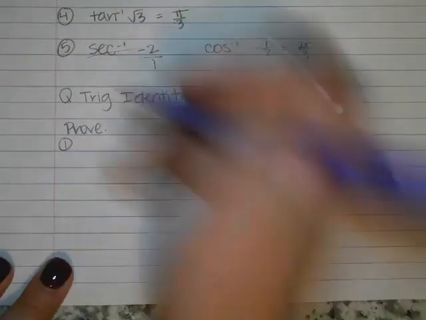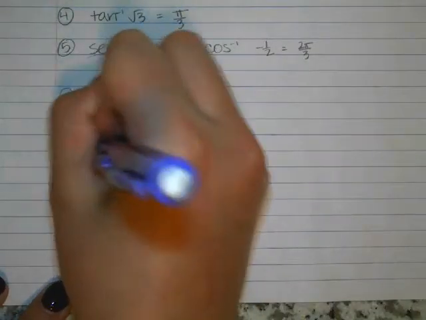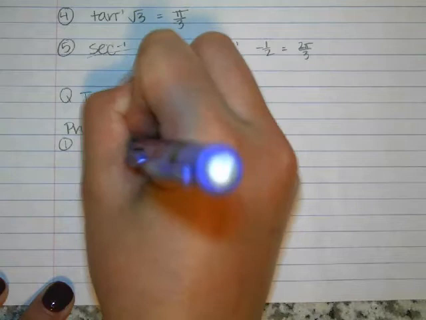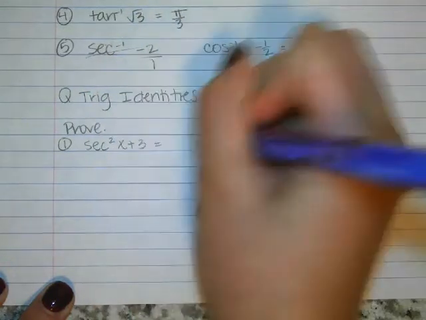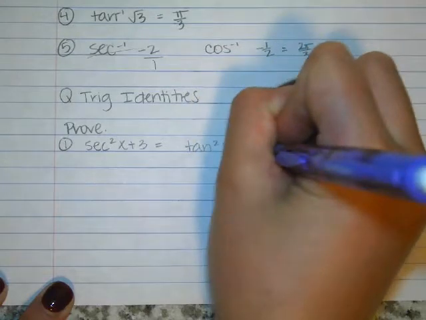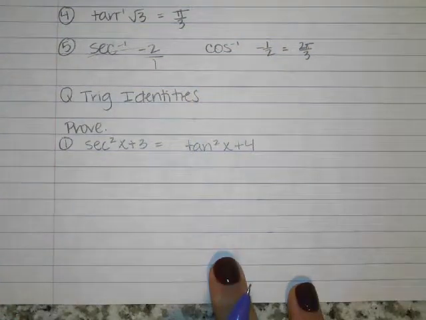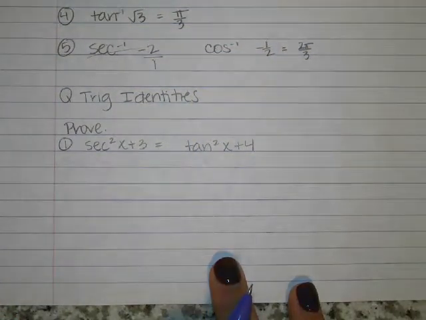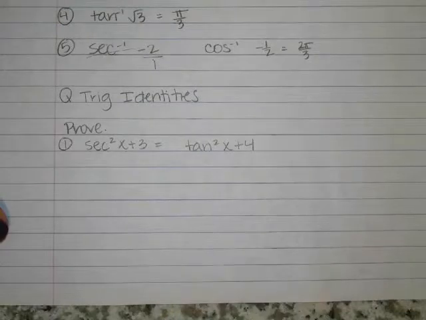All right, so the first equation we're going to prove is secant squared x plus 3 equals tangent squared x plus 4. The identities are printed in your packet on these pages, but also I have a resource page.